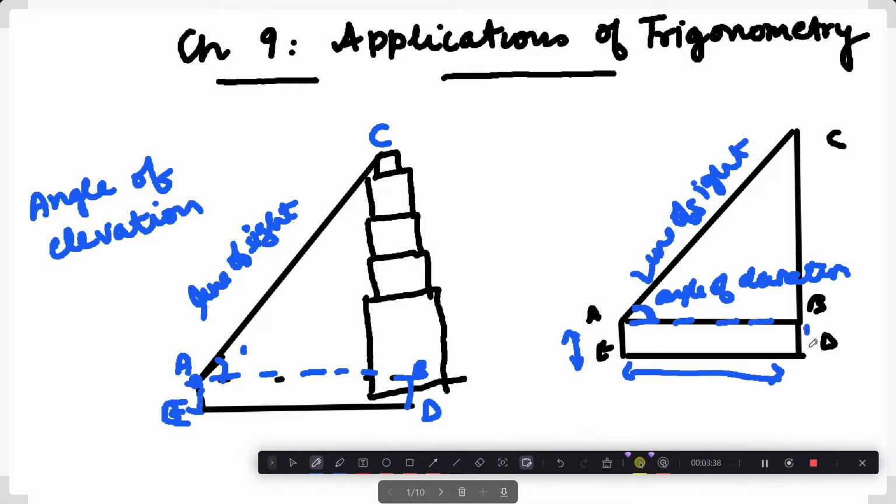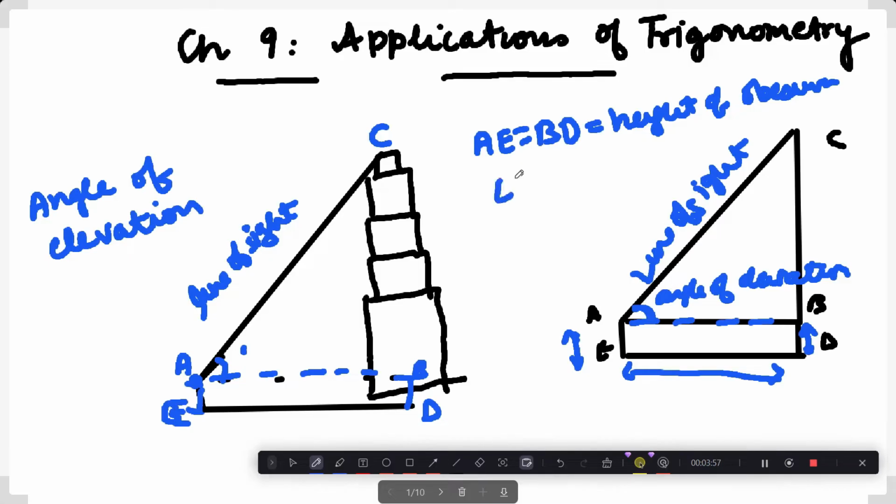The height of the person, AE is equal to BD, is the height of the observer. We know this angle, which is the angle of elevation, angle A. And we need to find out CD, the height of the tower or minar in this case.